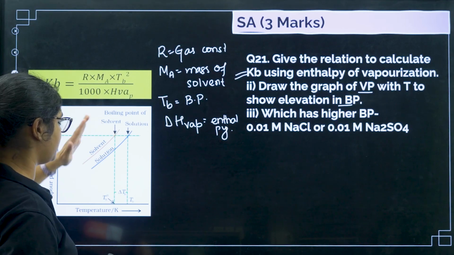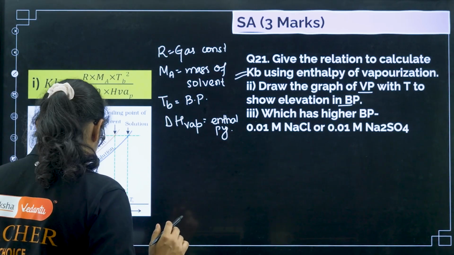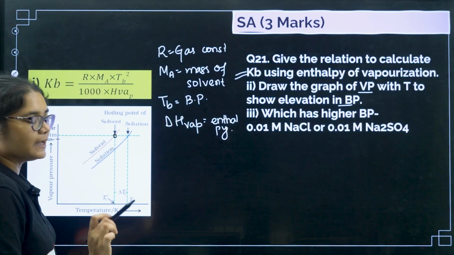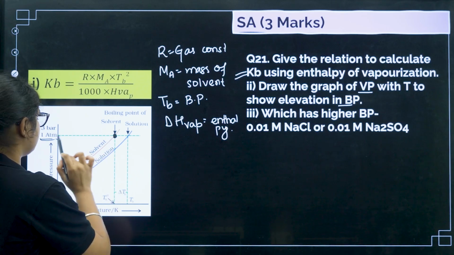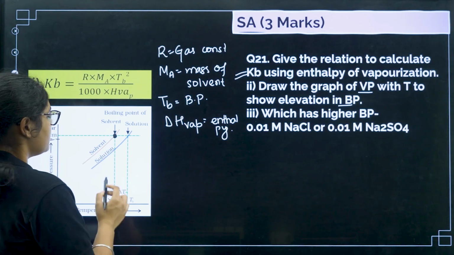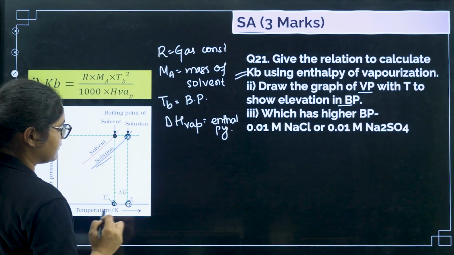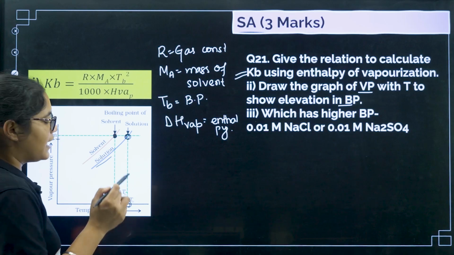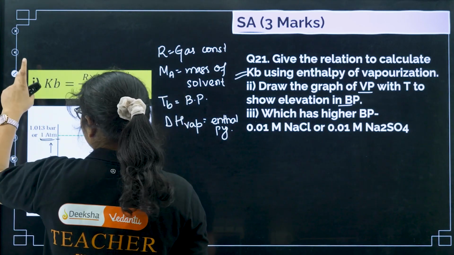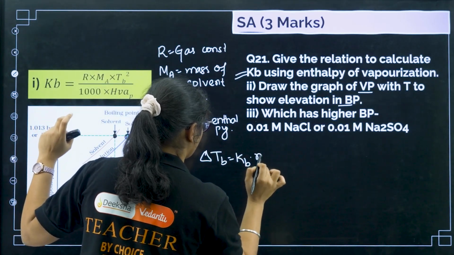At this particular pressure of 1 atm, for the solvent the value was T0b, but when it became a solution, when you added some solute to it, it boils at Tb. So this is your delta Tb, and delta Tb is equal to Kb into m, the elevation in boiling point.